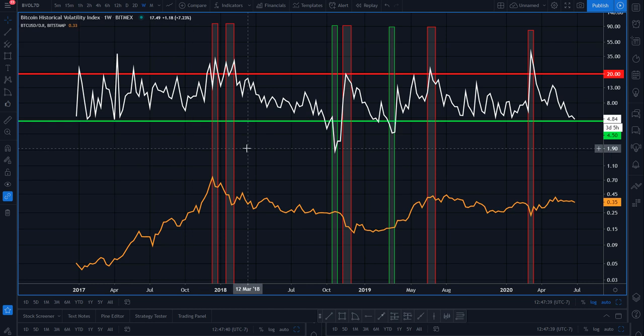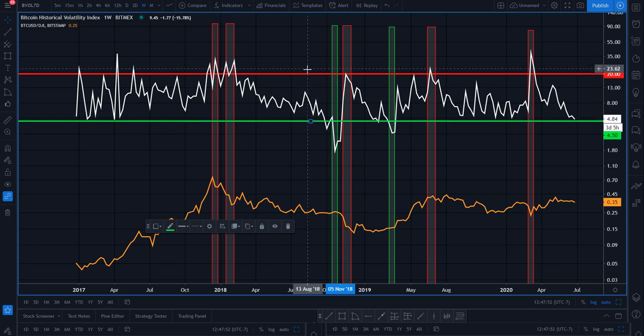So first things first, what do we see? I just indicated, we've got two columns and rows, basically. The rows are this big red line and this big green line. The big red line is around 20, so this is when the volatility increases over 20.